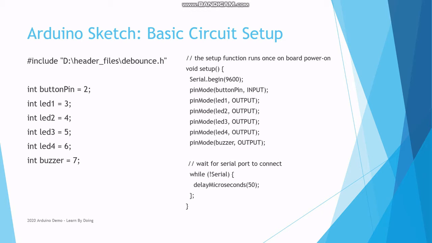It will wait in the setup function until the serial port connected to the PC is ready for serial communication. There is a small while loop with a delay in microseconds, and it will continue to execute this loop until the serial communication is established.